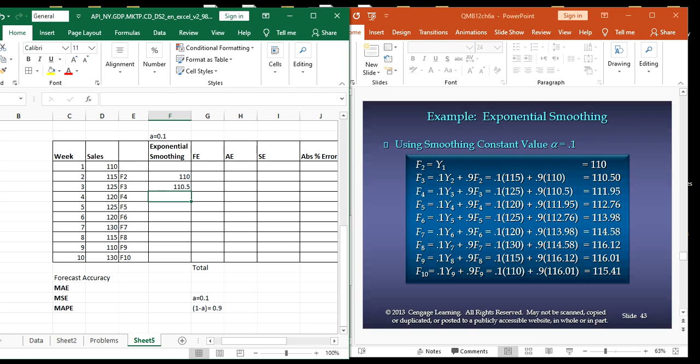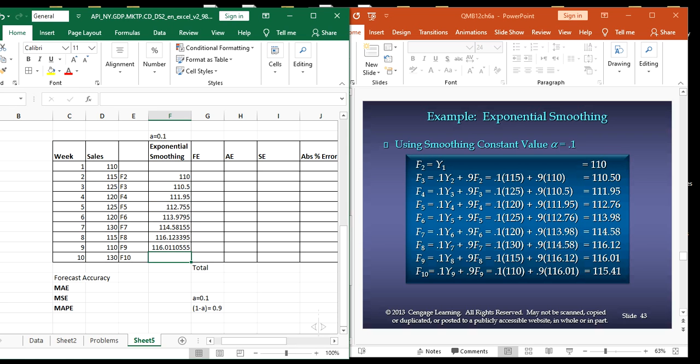Again, we use the same method. I'll do this one manually in order for you to understand. It equals 0.1 multiplied by the actual value over here, 125, plus 0.9 multiplied by the previous forecast, and we obtain this number.